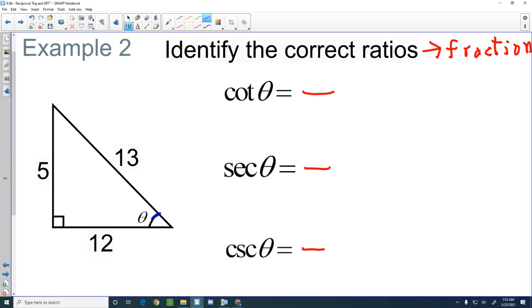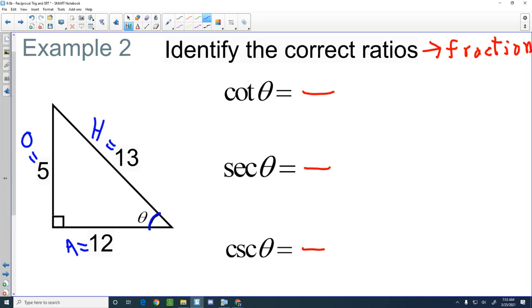Our angle's down here now, that's where theta is. So the 13 is still the hypotenuse, no matter which of the other two angles we're talking about. But now the 5, is it the opposite or the adjacent? It's opposite because it's on the opposite side of the triangle. So this is now O, and that just leaves the adjacent side as the 12.